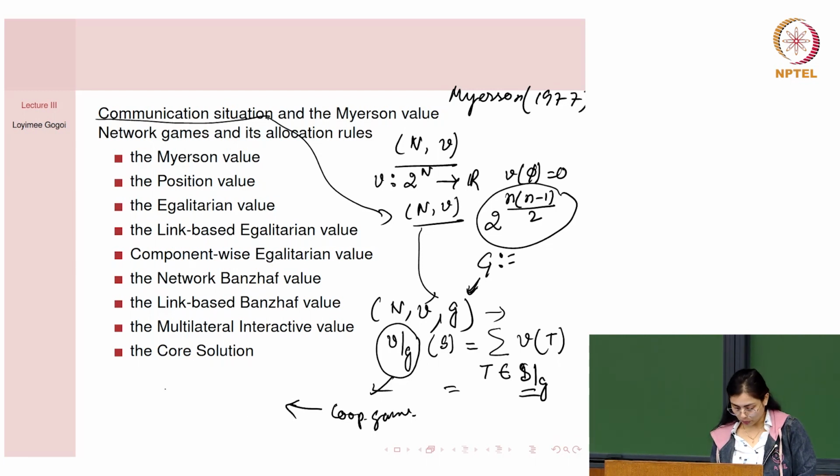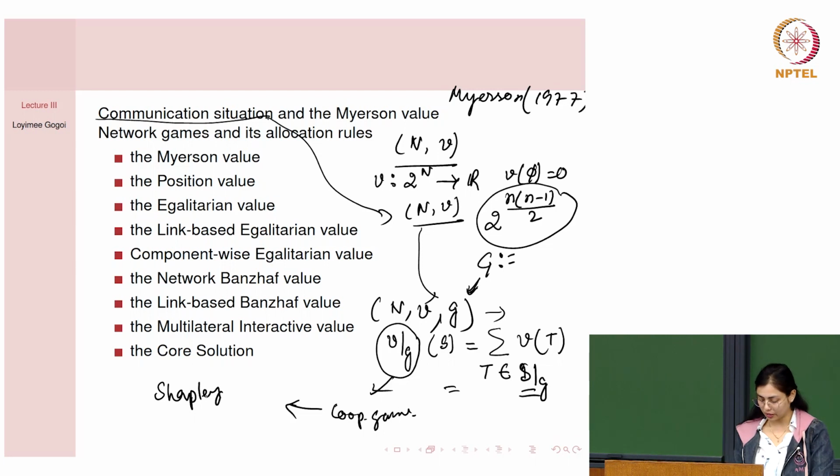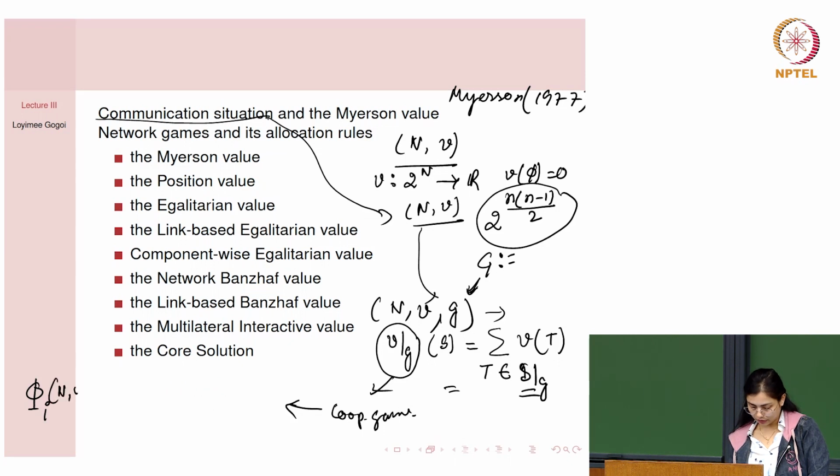One of the cooperative allocation rules we can talk about is the Shapley value. You remember how we defined the Shapley value, for any particular player i for the game N and V?